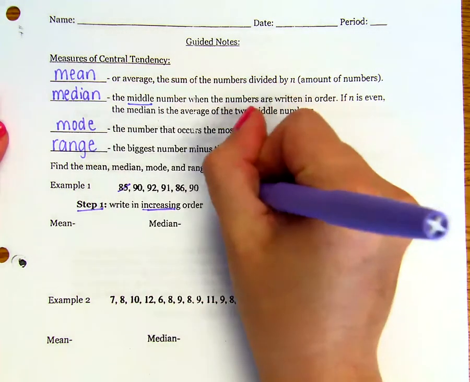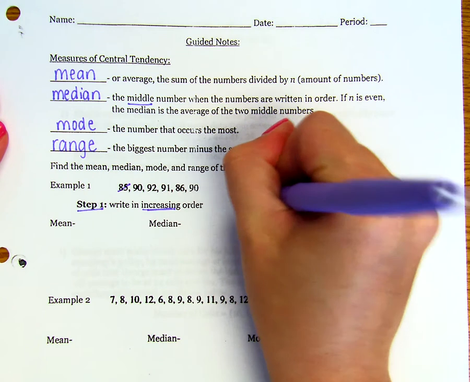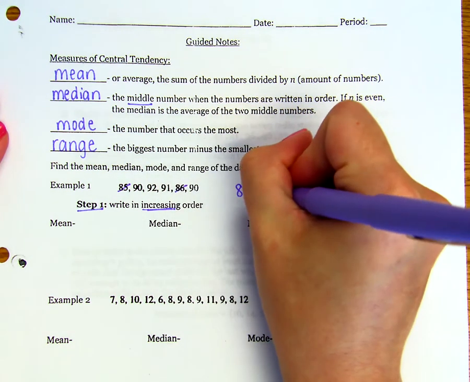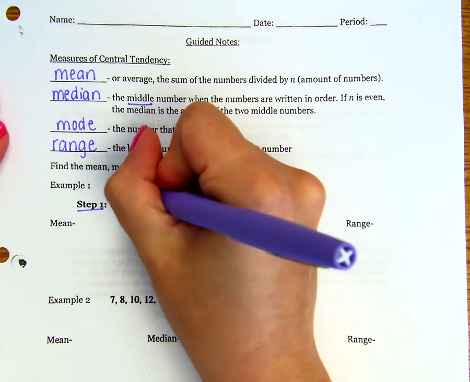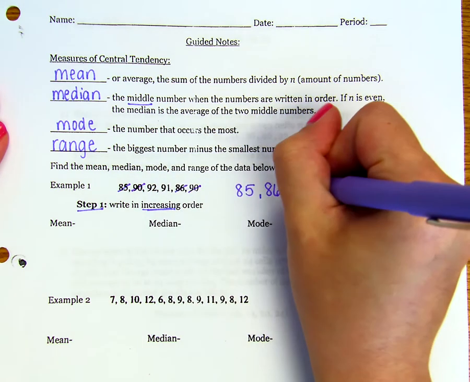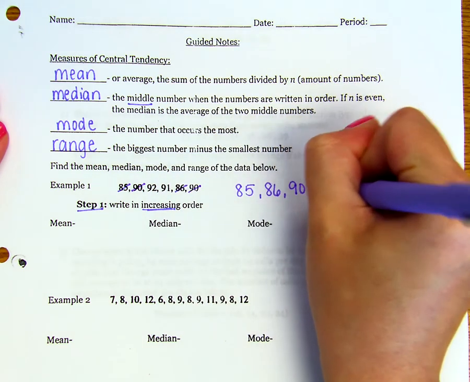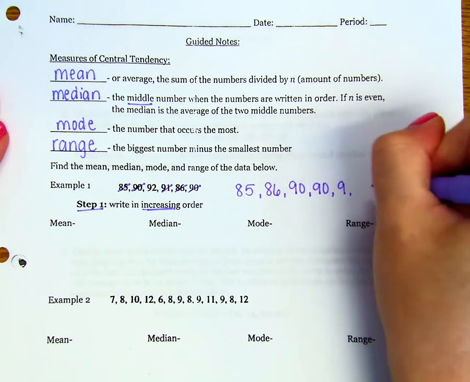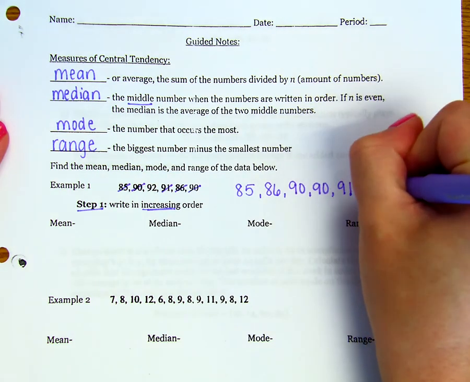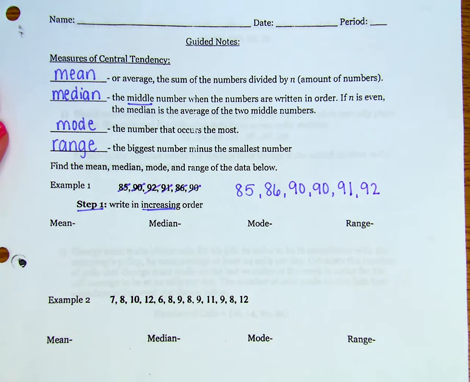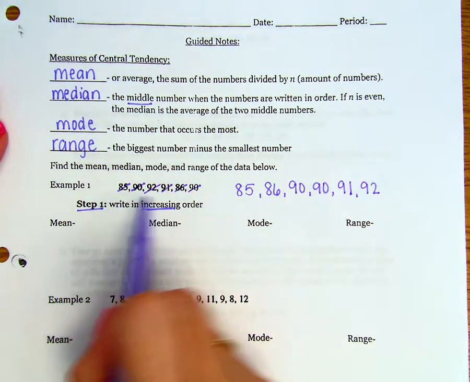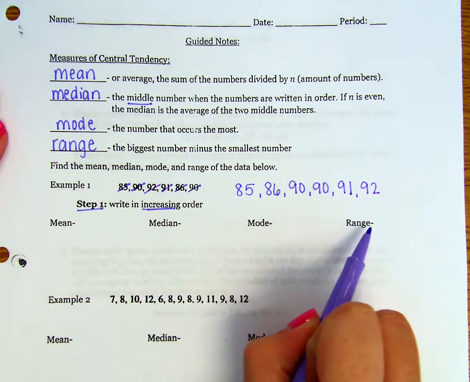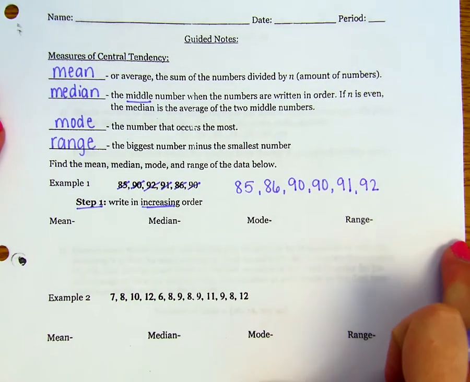Starting with 85, then we have 86, we have two 90s, and as you see I'm crossing them off as I go through to make sure that I use every number, 91, and 92. Now that we have them in increasing order, we can start finding the mean, median, mode, and range.